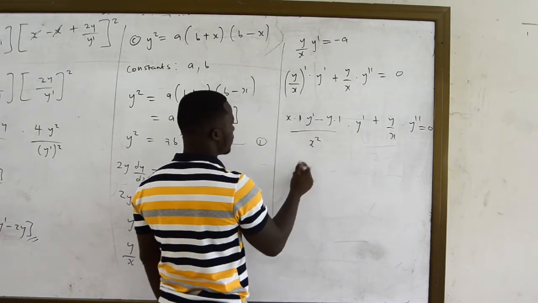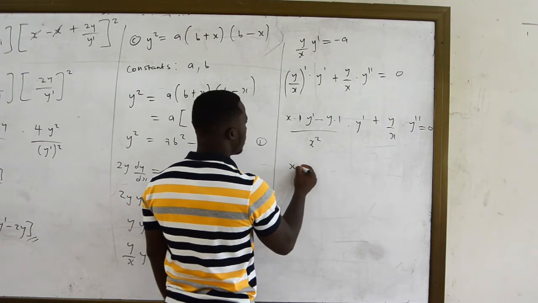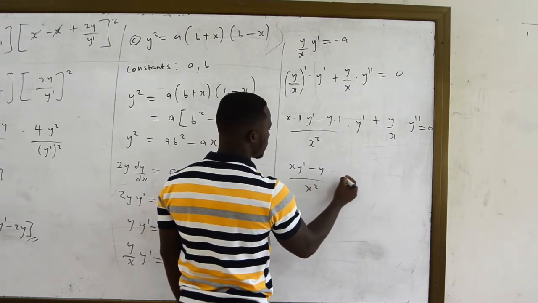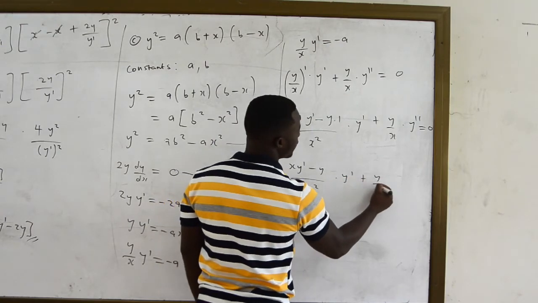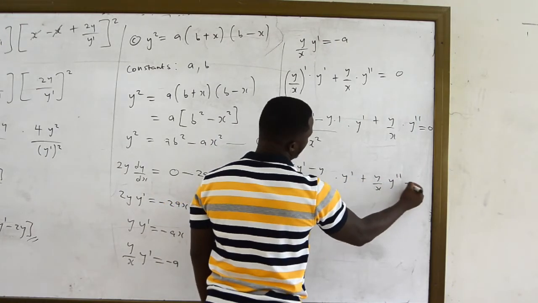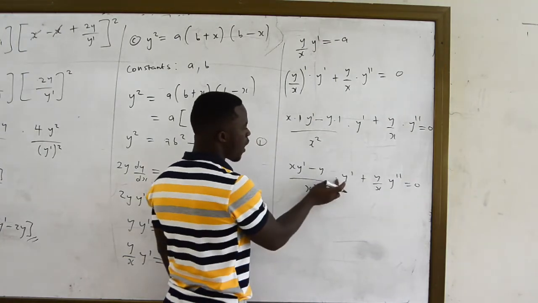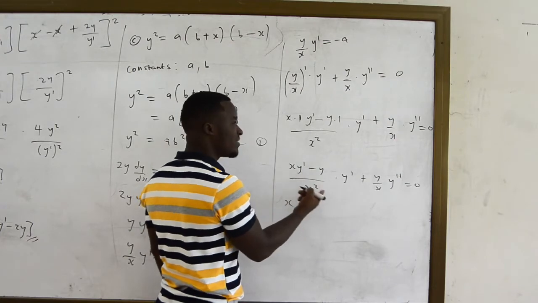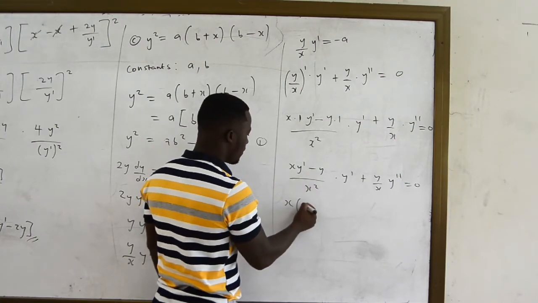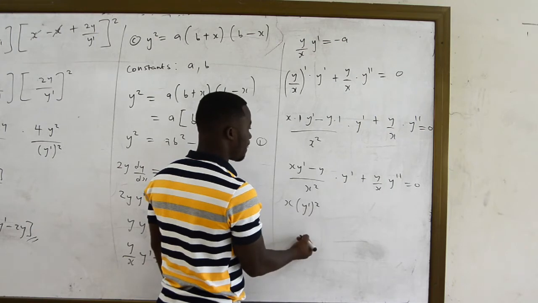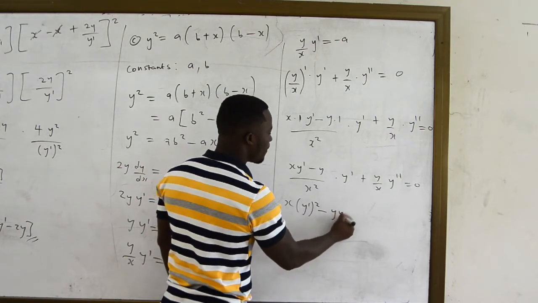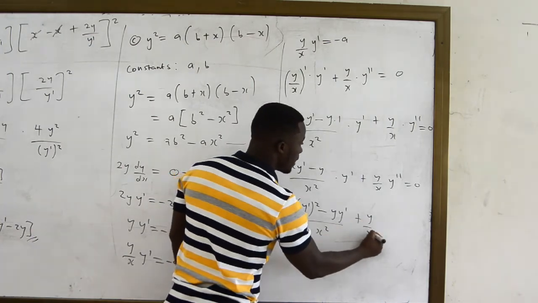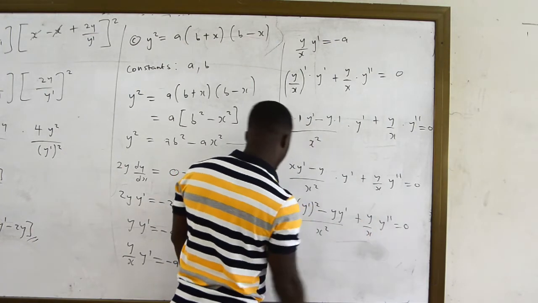Now let's rewrite this one. So I'll have (x y prime minus y) all over x squared times y prime, plus y over x y double prime is equal to 0. Now I'll multiply through by this y prime. So I'll have x (y prime) squared, when the bases are the same we add the indices, minus y prime all over x squared, plus y over x y double prime is equal to 0.